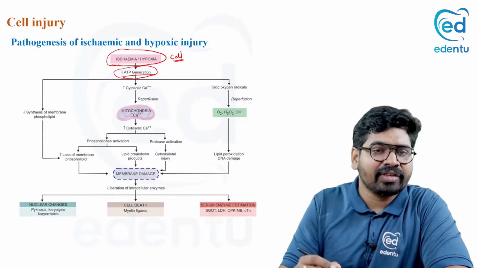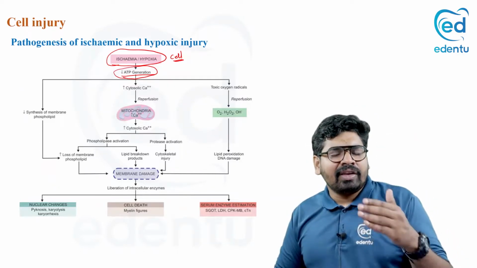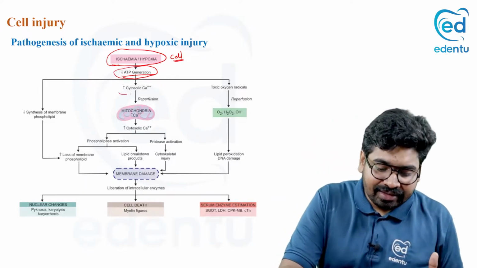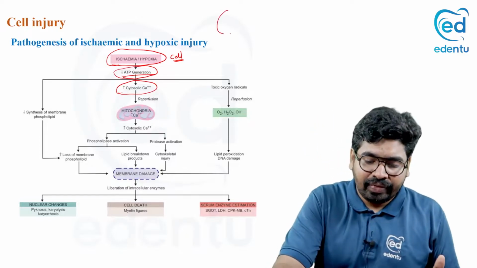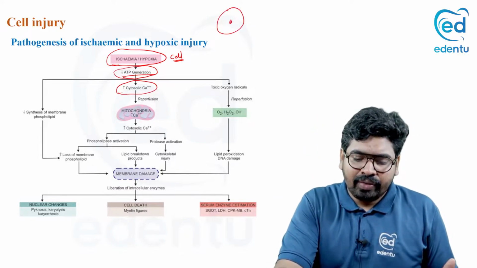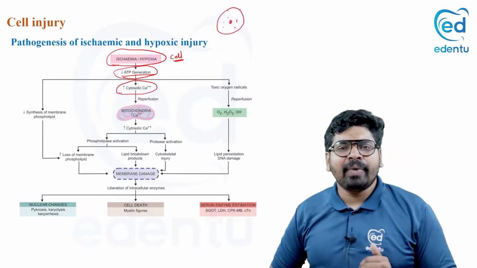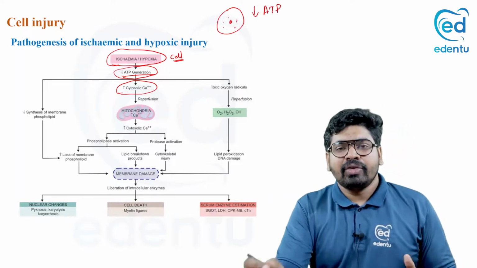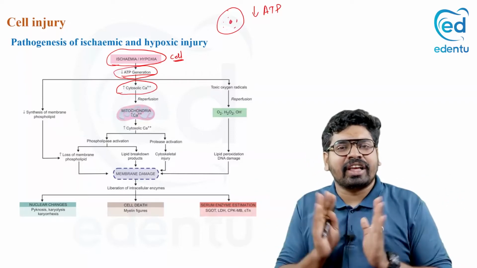Now it will affect your sodium potassium pump and your calcium pump, and there is an increase in the cytosolic calcium, the calcium present in the cell. So we have a cell here, with your nucleus, mitochondria, Golgi bodies, everything. As there is reduced ATP, no pumps are working here.